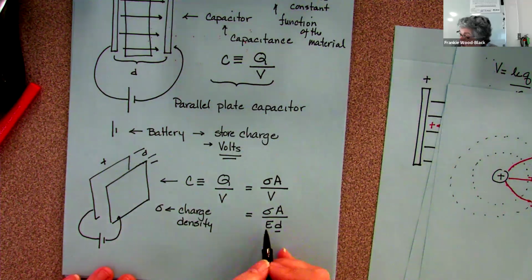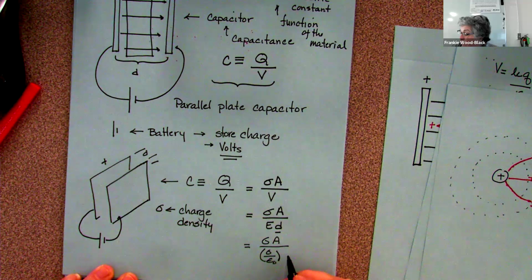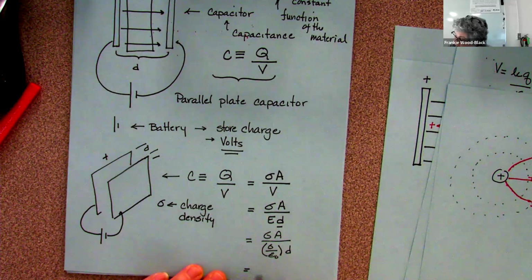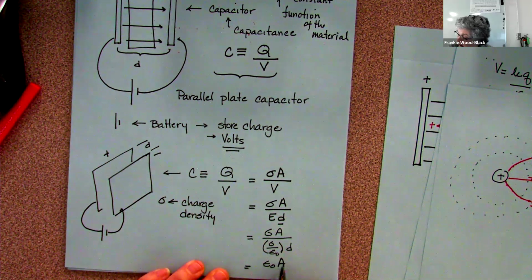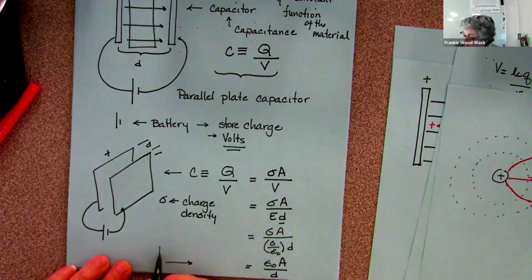Now my electric field, back from Gauss's law, and that comes back from Gauss's law. So if I do all of that, I end up with my dielectric constant times the area divided by the device. And this is how I build my capacitor.